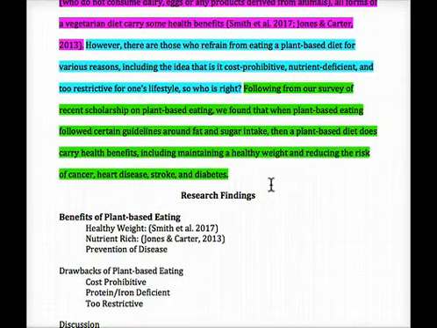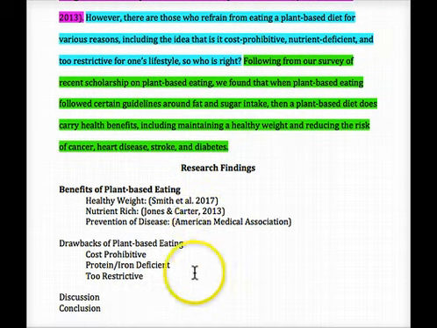And then prevention of disease, I'm going to refer to the American Medical Association, or whatever it is that you have for your source.